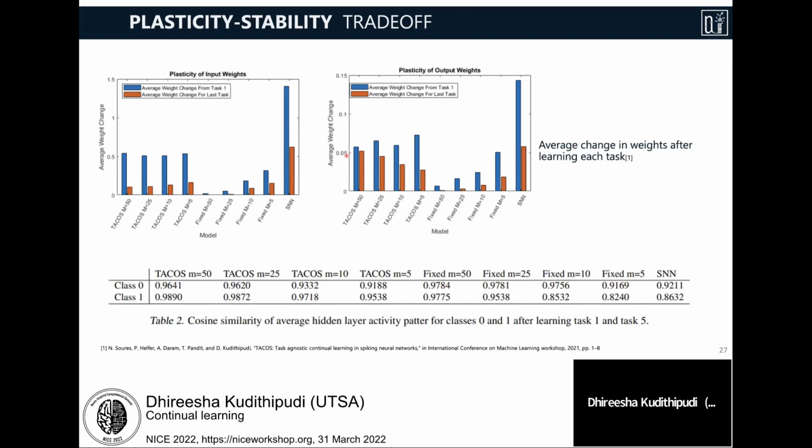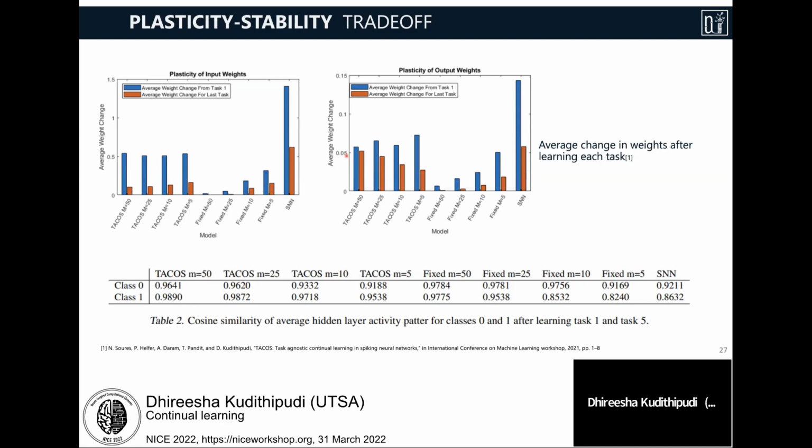We did some analysis on the plasticity and stability of the network, and in general, I think TACOS allows a much greater degree of plasticity, because we looked at the weight change after learning a single task and after learning the final task.